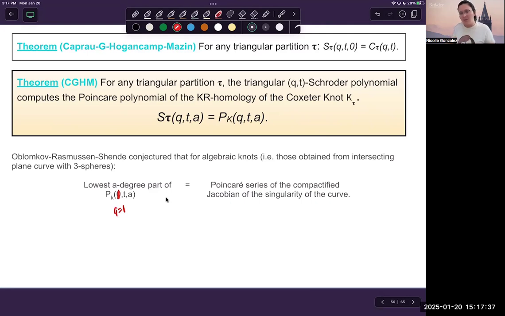So you have some sort of geometric picture, you can get a polynomial from the geometric picture, you simultaneously have some homological, more knot-theoretic construction, you can also get a polynomial in this way, and the conjecture states that these two values coincide. So this is an open conjecture, it's not known in general.